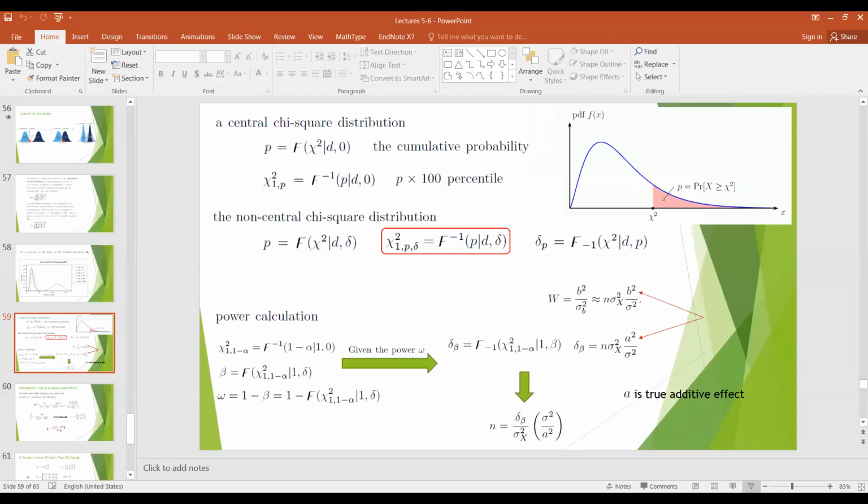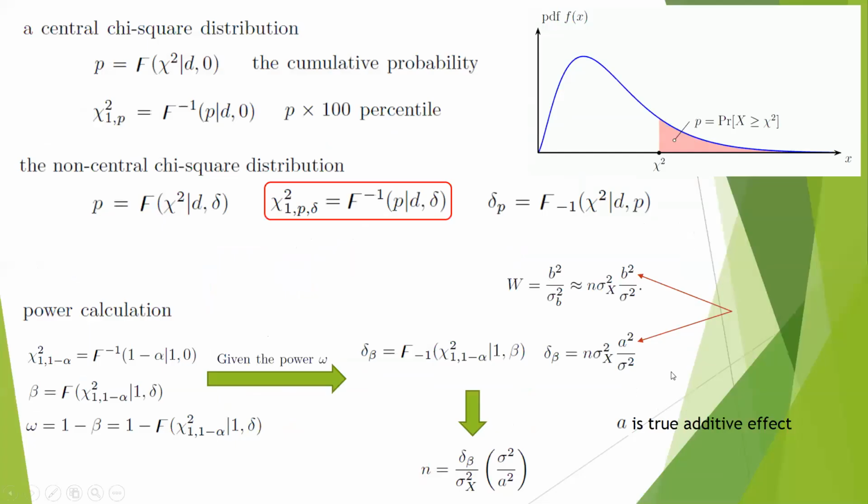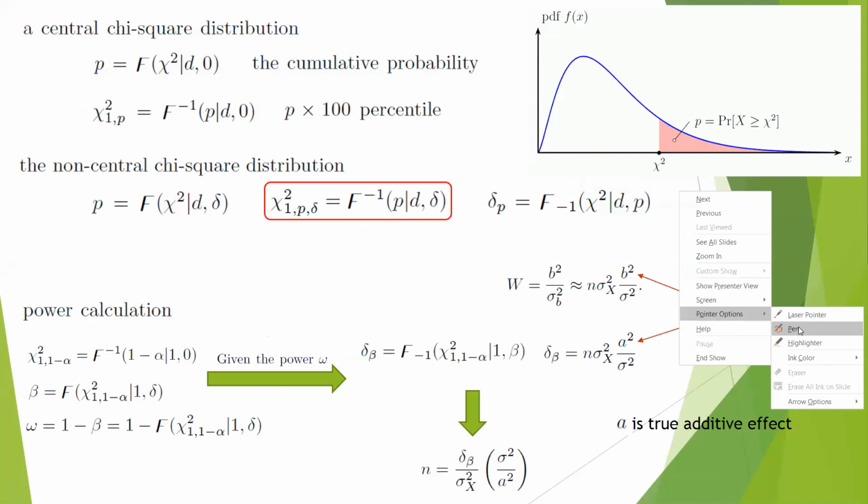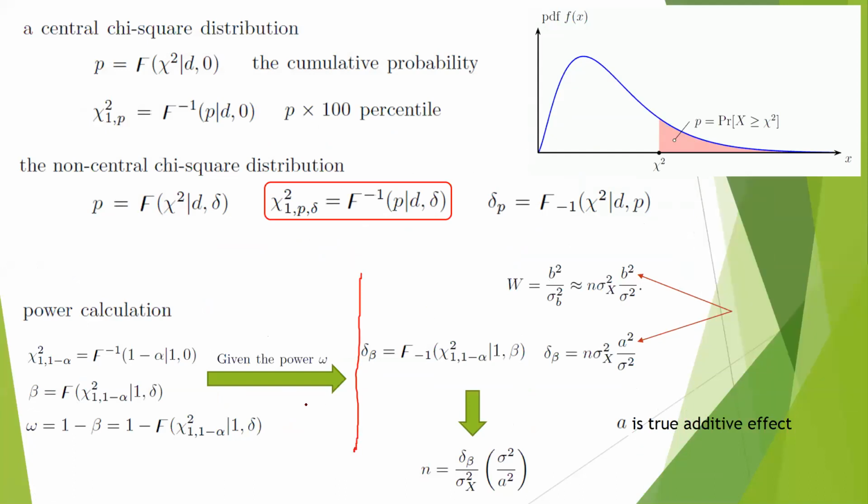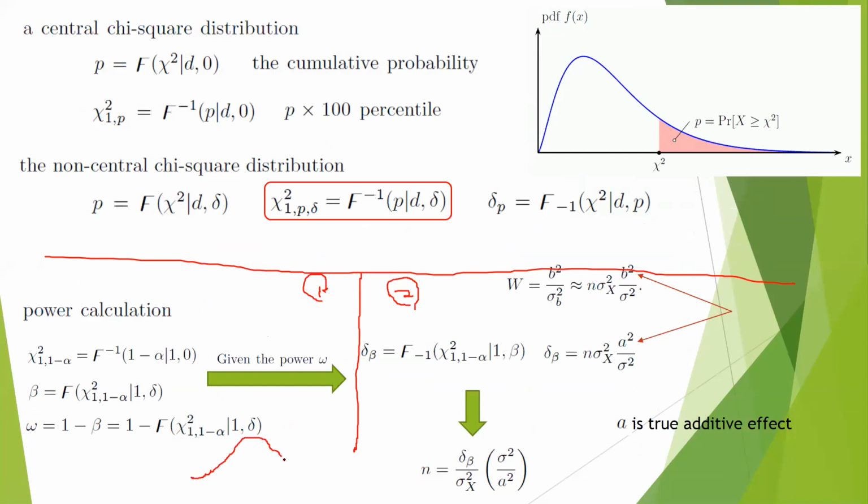Let me redraw this, so it's not very good to see. Okay, so let's see, one and two. So in this case, we'll compare the null distribution with the alternative, H naught, HA.